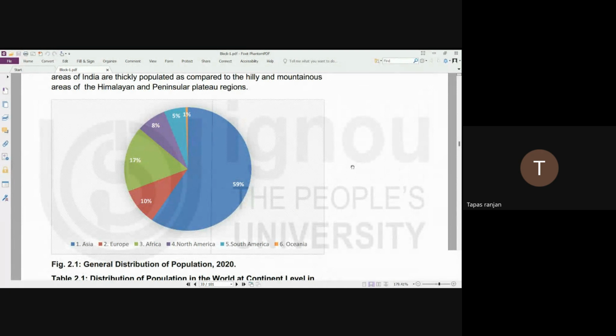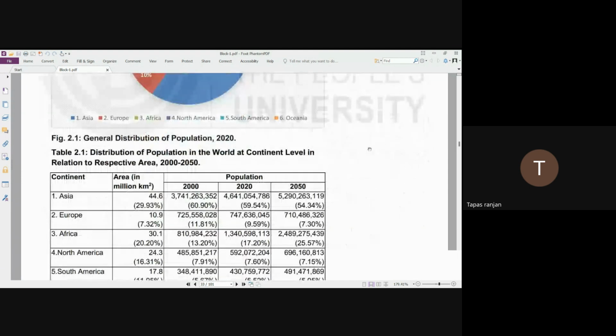Then you have Africa, which accounts for 17% of the world's population. Europe accounts for around 10%, North America around 8%, South America around 5%, and Oceania somewhere around 1%.